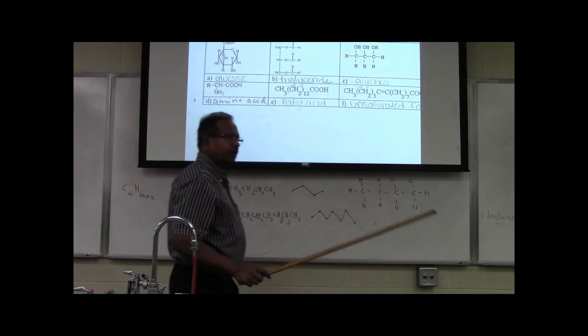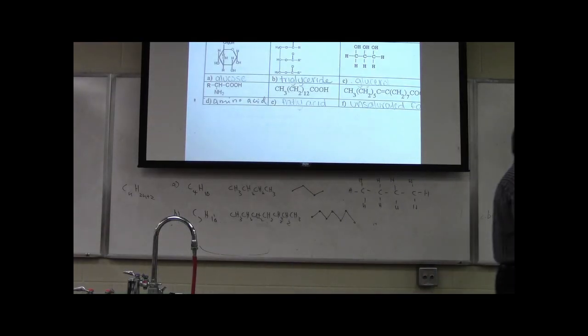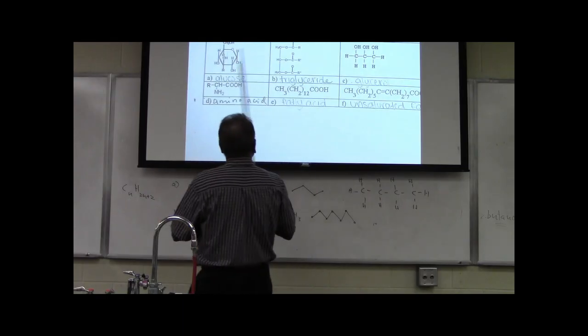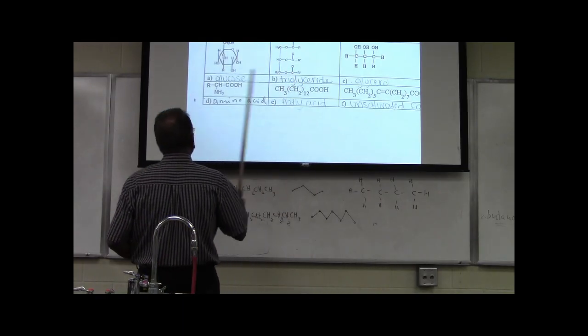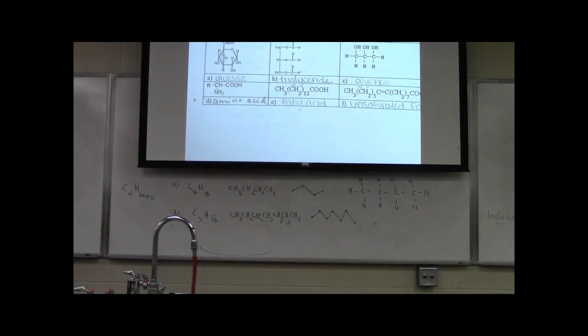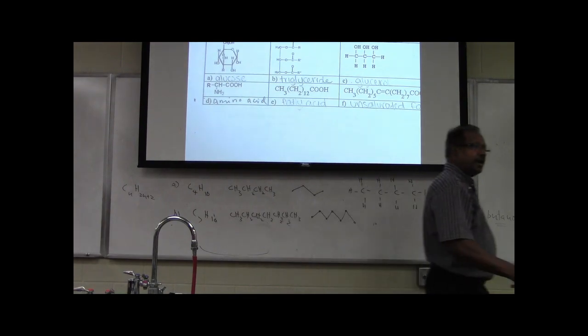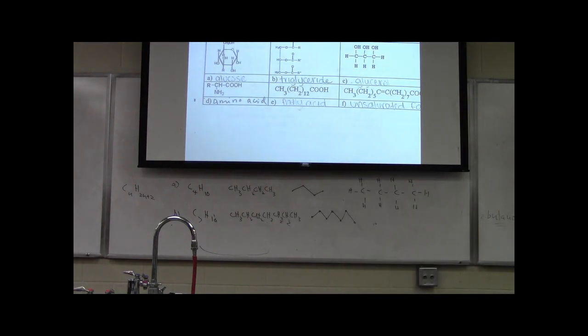Amino acid. How many of you know what amino acid is? Amine group and COOH group. They make the long chain, right? And how many of you know what a fatty acid is? Fatty acids are what is bonded to glycerol in the triglyceride. Fatty acids are saturated or unsaturated.